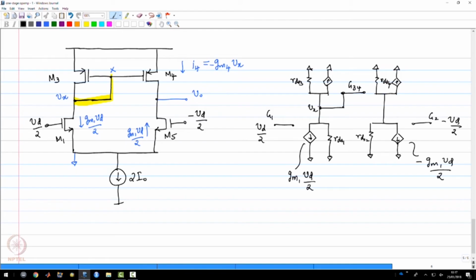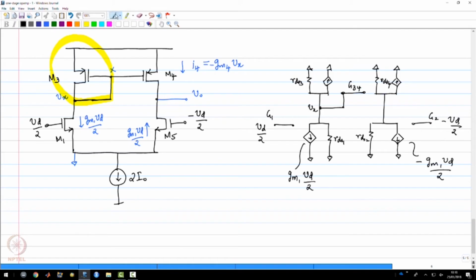So now, because I don't want the analysis to get too complicated, I'm going to use something which all of us should know from before, which is the fact that if I have a transistor whose gate and drain are connected, the impedance seen at the gate and drain node happens to be very close to 1 over Gm of the transistor.